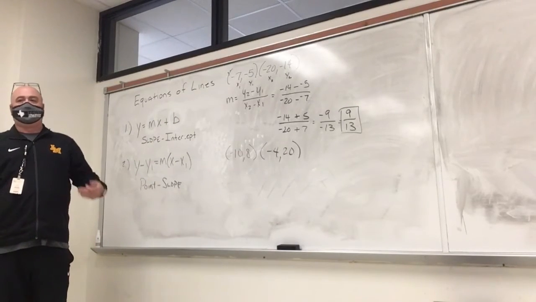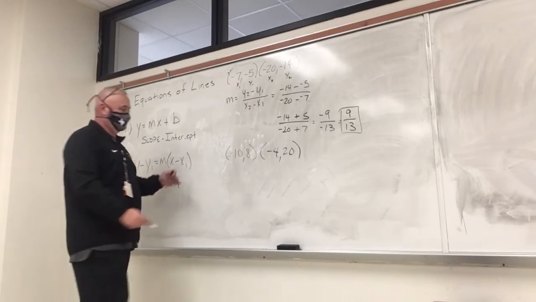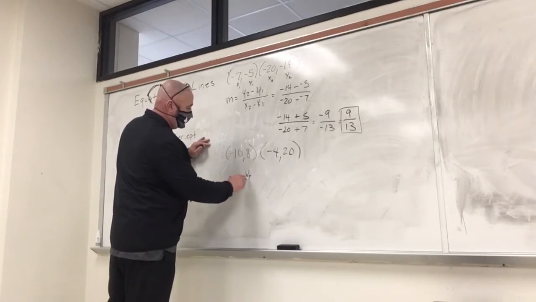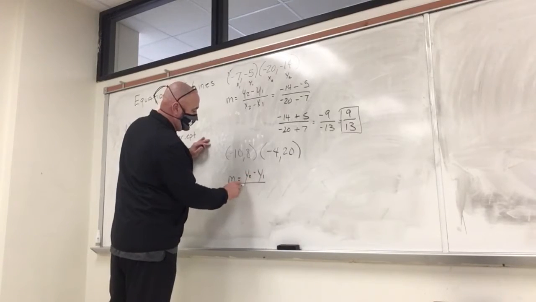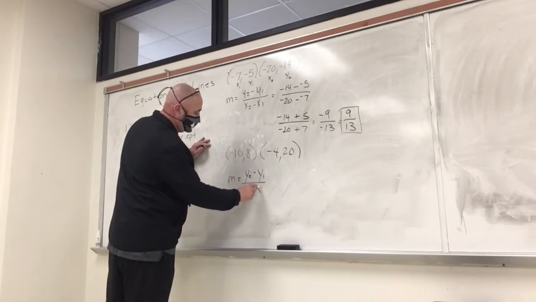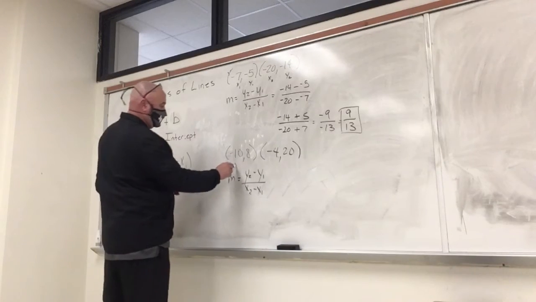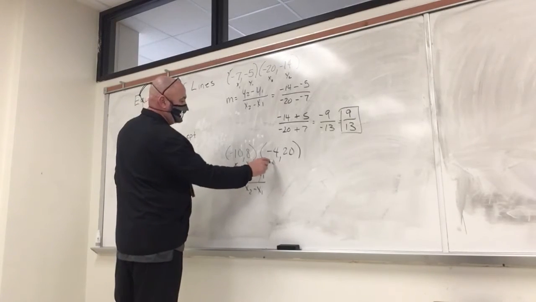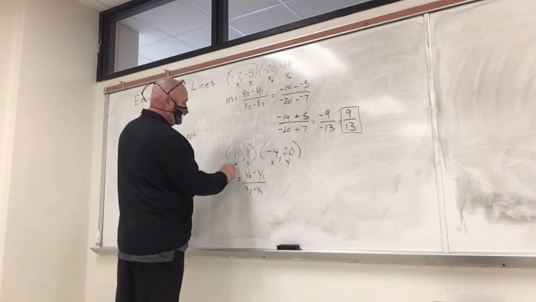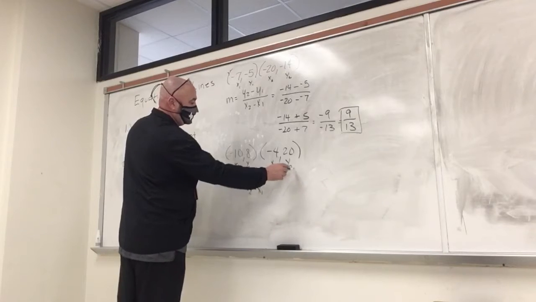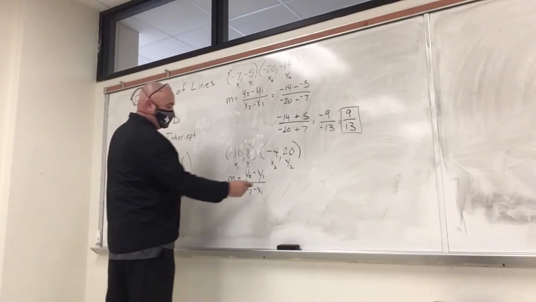Again, it's about plugging numbers in. That's all it is. I'm going to plug it into m equals y2 minus y1 over x2 minus x1. This is x, this is y, this is x, this is y. These are my first set. These are my second set. And that's just plugging numbers in.